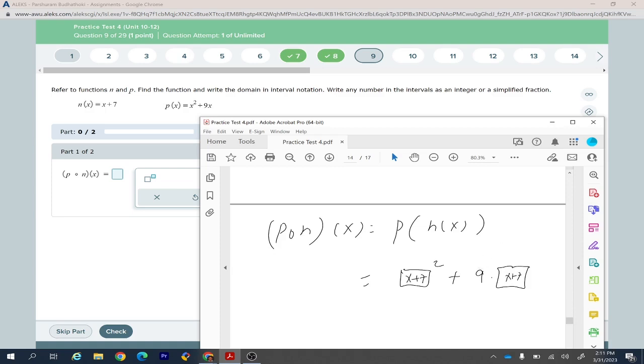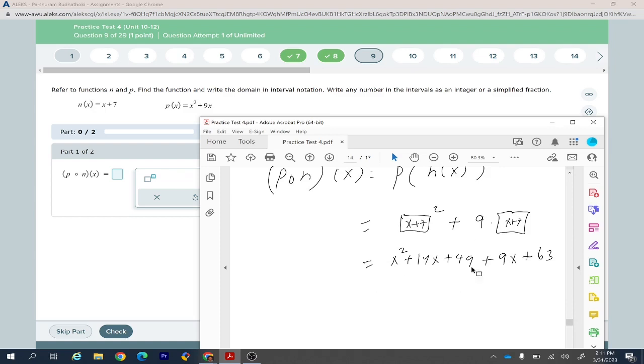But remember, there is a square for the box, so you need to find the square of x plus 7, which is eventually x squared plus 14x plus 49. If you multiply x plus 7 times x plus 7, that is what you are going to get. And you have to multiply x plus 7 by 9. That's going to give us 9x plus 9 times 7 is 63. So just simplify this.